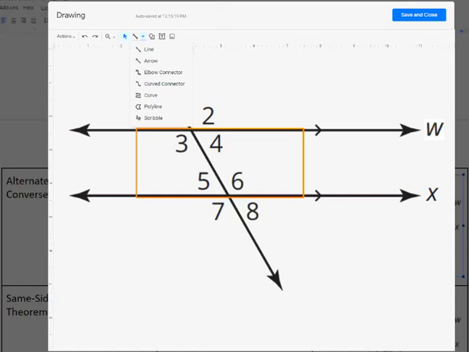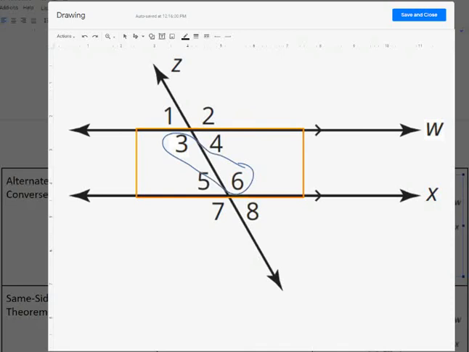So in this case, for my alternating interior angles, that's really my pairs 3 and 6, and then separately 4 and 5. Alternating interior angles are congruent, which means angle 3 is equal to angle 6, and angle 4 is equal to angle 5 in measure.